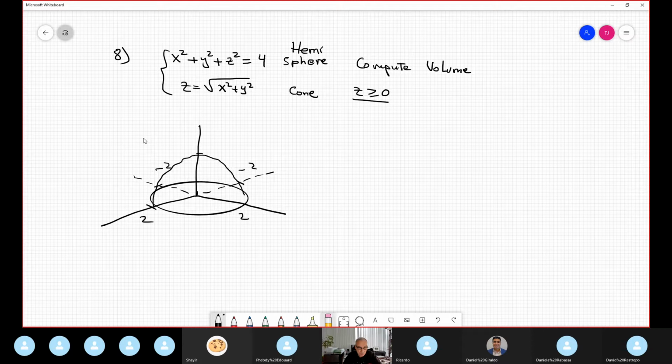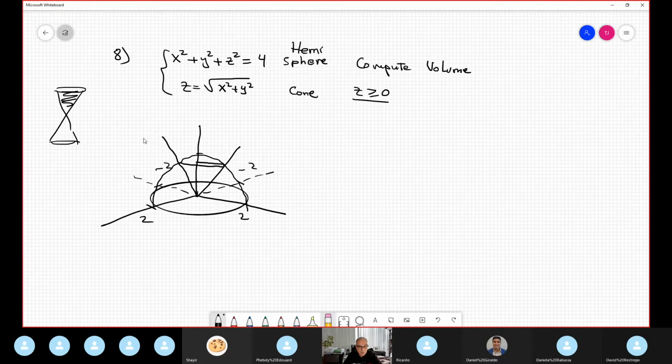Hemisphere. And we have a cone, pero this cone is, you know, any cone has two cones, a double cone, pero no double cone, sino it's only the top part of the cone. I know because it's positive square root, so this is our cone. Entonces, bueno, I suppose que the intersection between the sphere and the cone generates one curve like that.